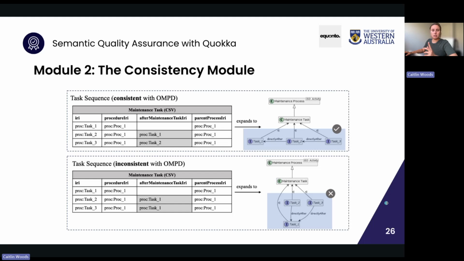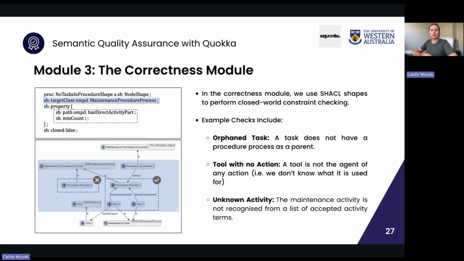Once the ontology is consistent, we can then run the correctness module. In the correctness module, we use SHACL shapes to perform closed world reasoning and constraint checking on the ontology. Example checks include orphan tasks, so tasks that don't have a procedure process as a parent, and tools with no action.